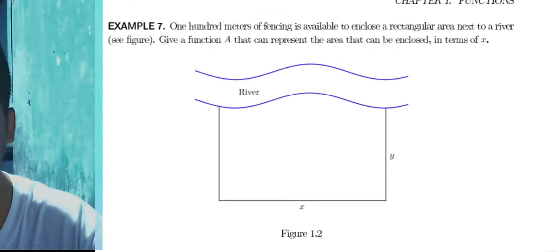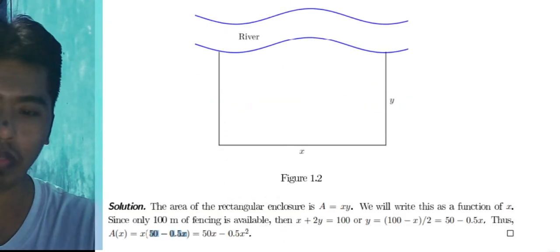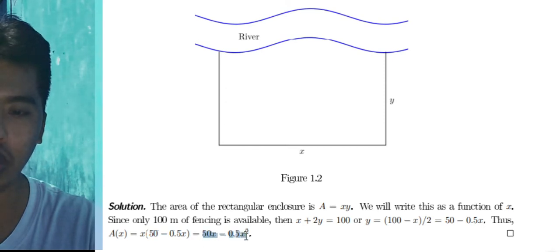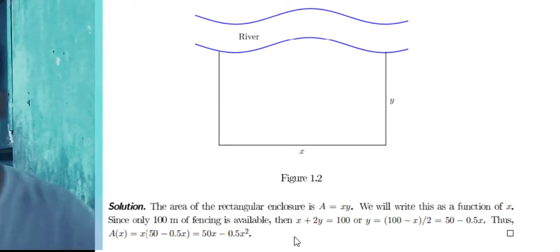As we know, that would involve the value of y. That's why we try to find the y first, and then we put A of x is equal to x times y. So your final answer would be 50x minus 0.5x squared.